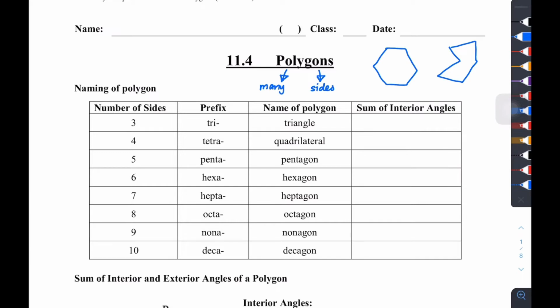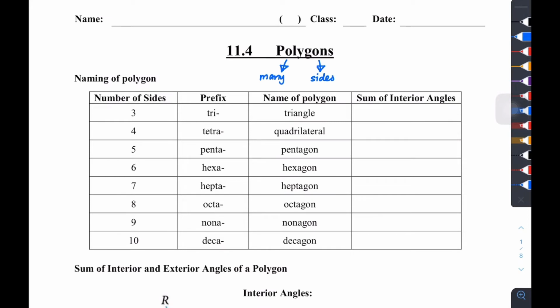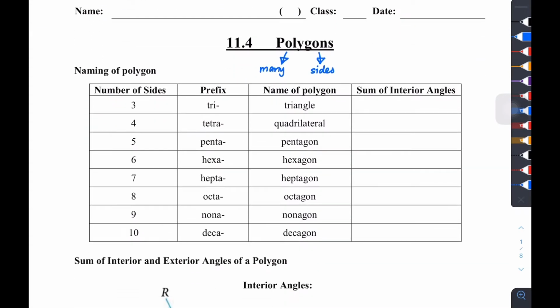So on top of the naming, how do we pronounce the name? You can realize that for objects with 5, 6, 7 sides and so on, the naming ends with a gon. So in simple terms, you're actually looking at 5-gon, 6-gon, 7-gon, 8-gon, 9-gon, 10-gon, and so on and so forth.